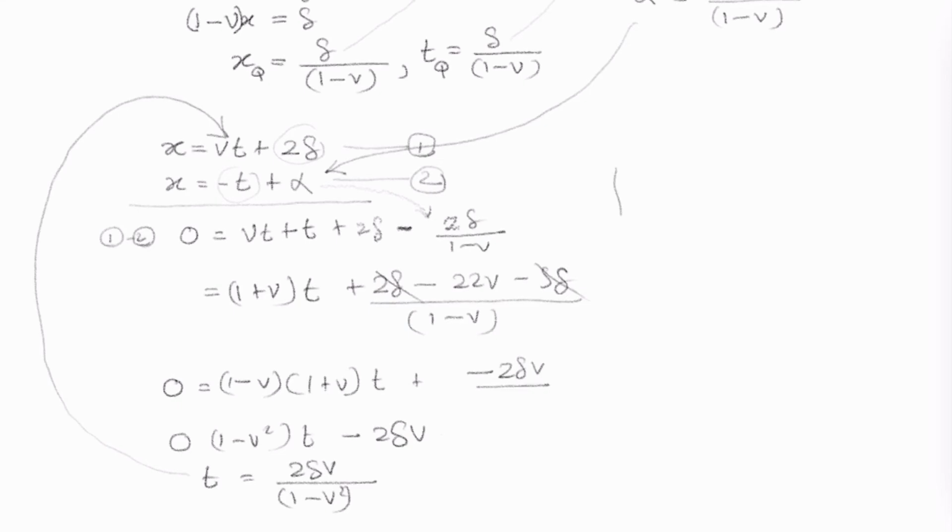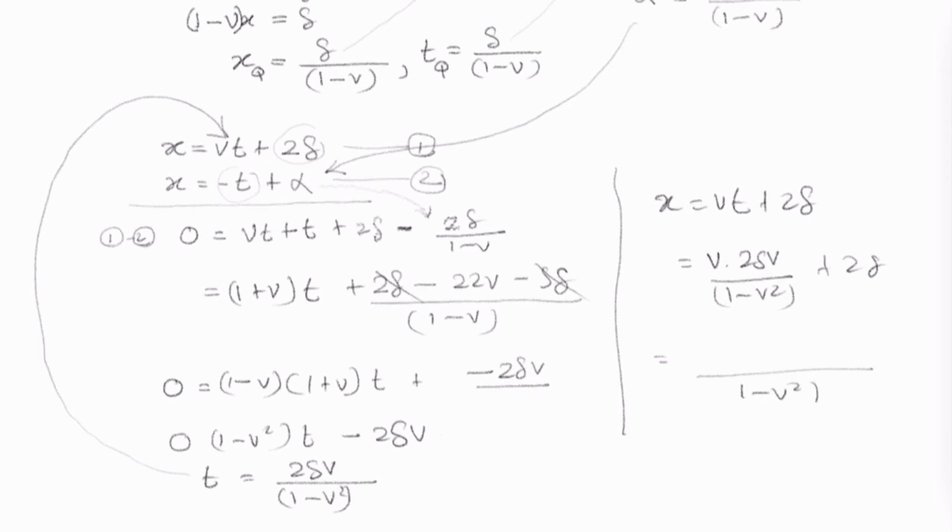We can substitute this value in equation 1 and solve for x. So x equals vt plus 2 delta. vt is 2 delta v squared over 1 minus v squared, plus 2 delta. Let's take everything under one denominator, 1 minus v squared: 2 delta v squared plus 2 delta minus 2 delta v squared.